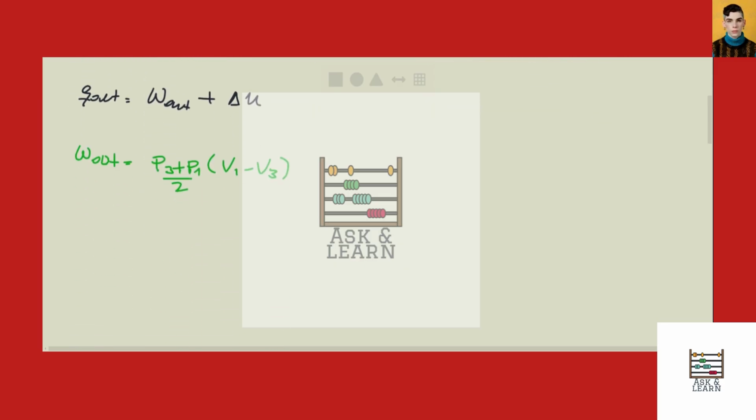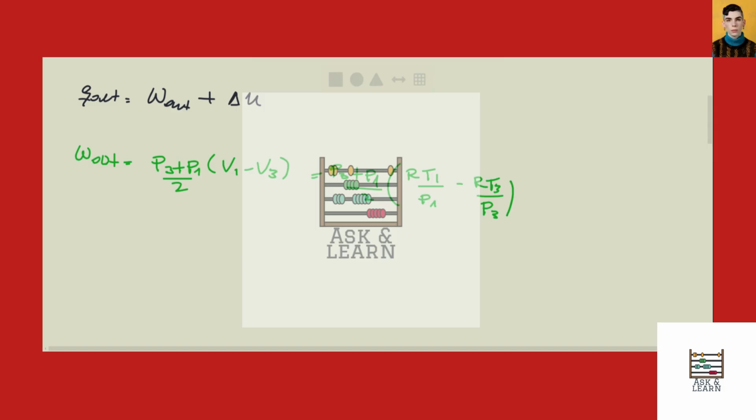So the problem is we do not have the volume here. And since we do not have the volume, we can use the ideal gas law and change this to simply (P3 + P1)/2 times (R T1 / P1 minus R T3 / P3).